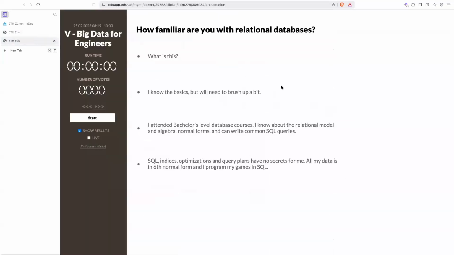Then I wanted to get a quick impression of your familiarity with relational databases. Of course, those of you who attended information systems for engineers would already be familiar with them, but I would still like to know how it distributes overall.